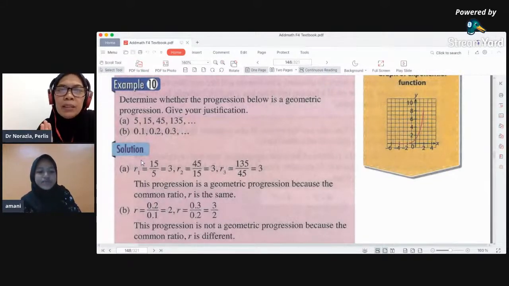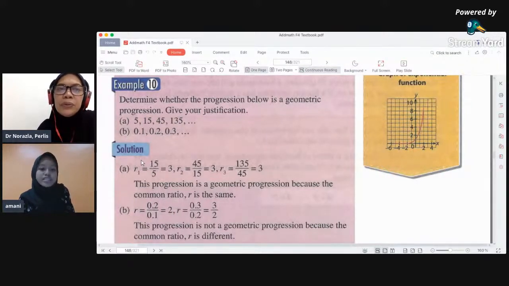First, we find the first common ratio from T2 divided by T1, so you will get 3. Next, test the third term with the second term, 45 divided by 15, and you will get the same answer, 3. Test the fourth term with the third term, and you still get 3.